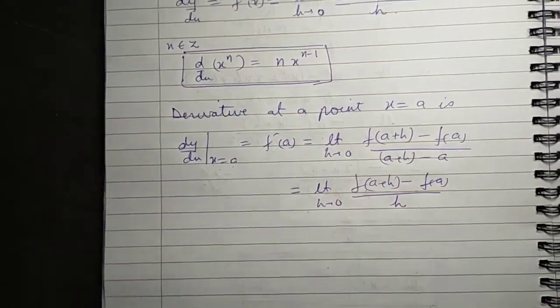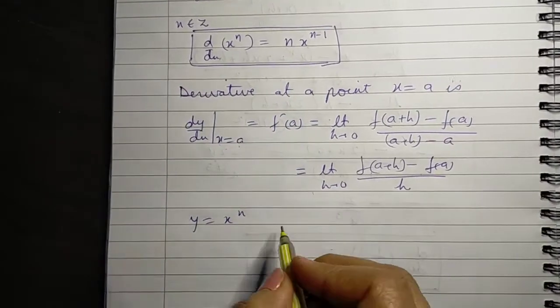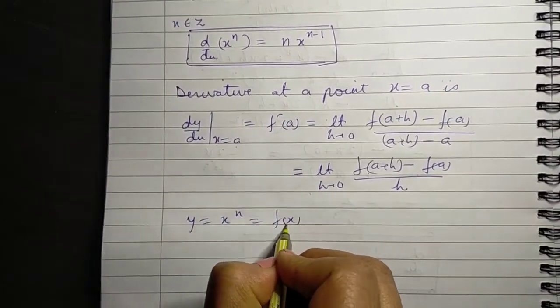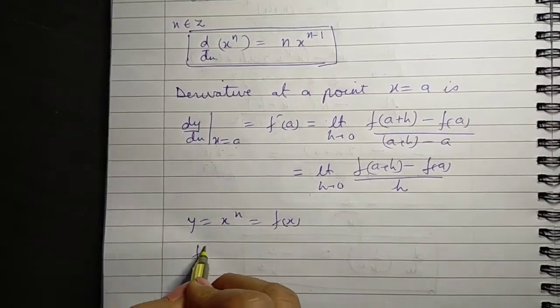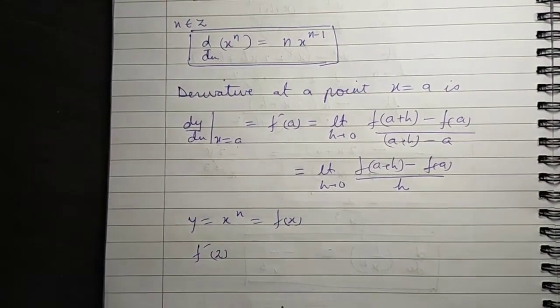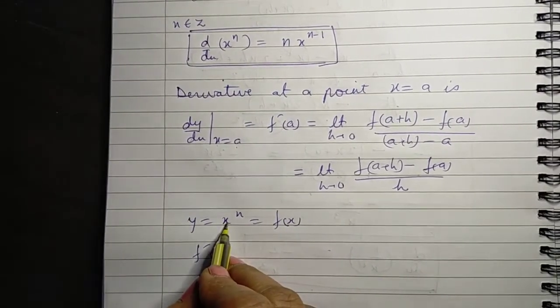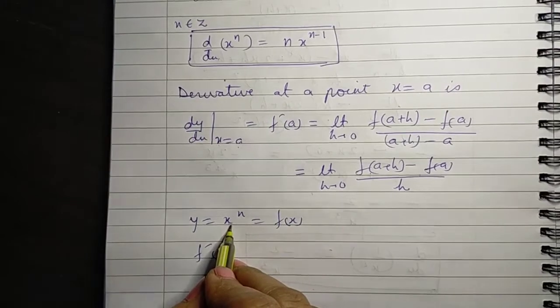Now here you have to be very careful. Suppose y equals x raised to the power n, which we write as f(x), and we have to find f' at, let's say, 2. Then we won't first put the value of x as 2 in this.